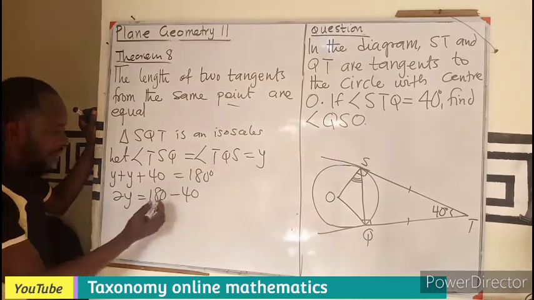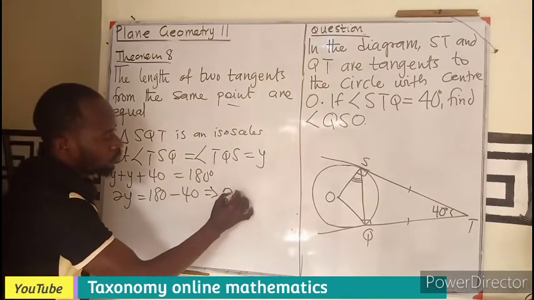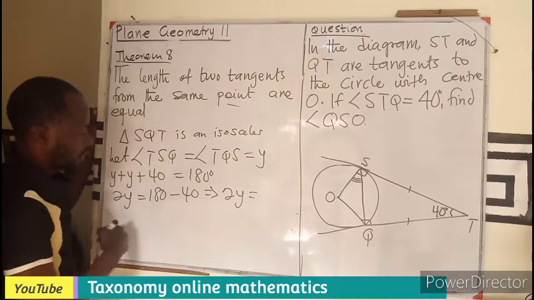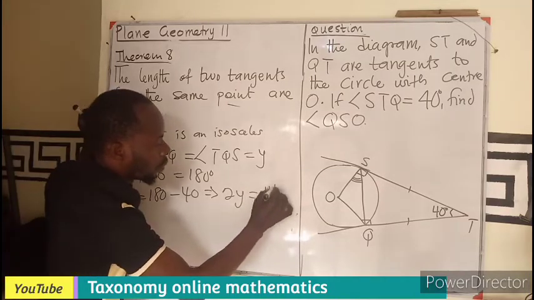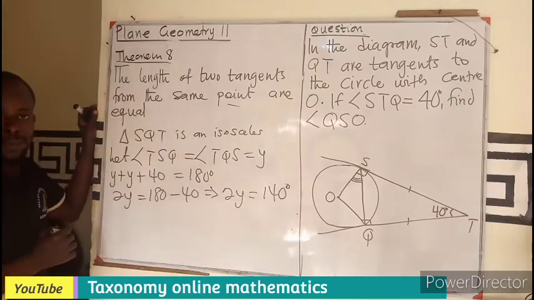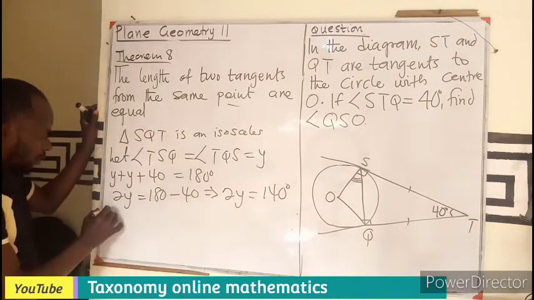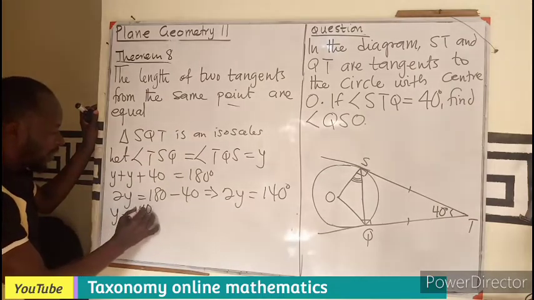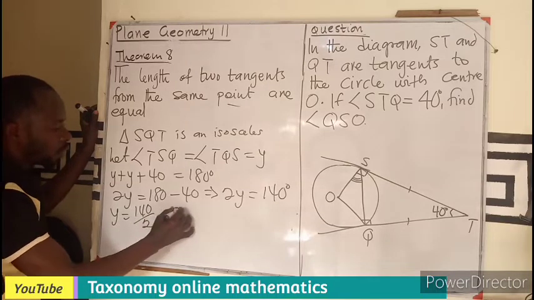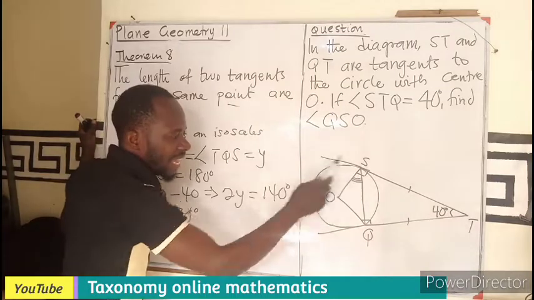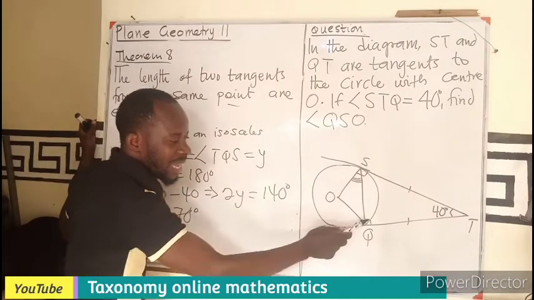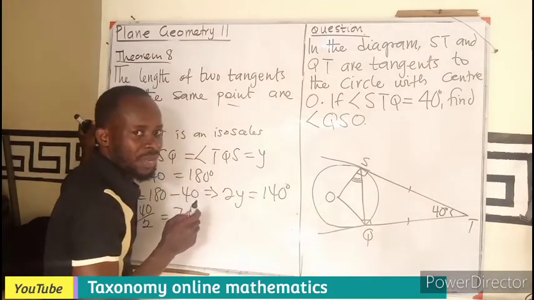So let's say this 2y equals what? I believe that will give us 140 degrees. So we need y. So y equals 140 divided by 2, which is 70 degrees. Meaning the angle here is 70 degrees and the angle here is also 70 degrees.